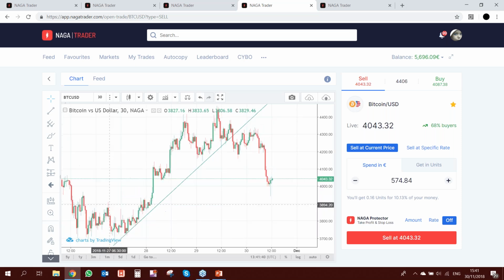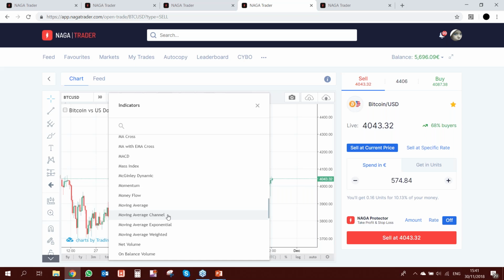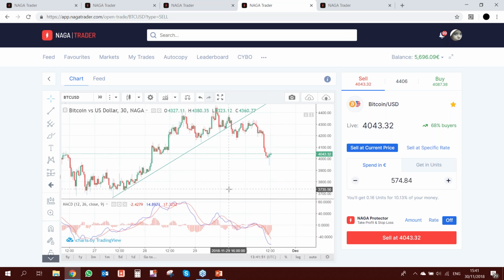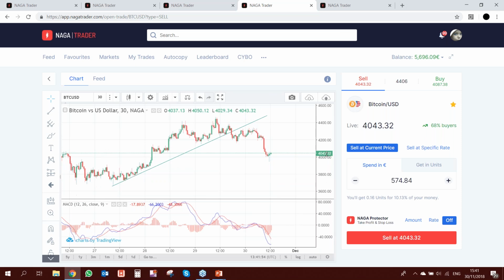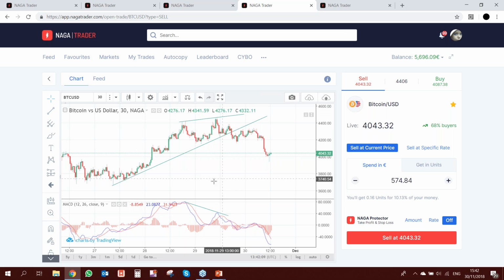We will also check our MACD. What did MACD say now? Interesting. We had higher highs in price, and on MACD we had a very good divergence here. Now, this is also a nice setup example.